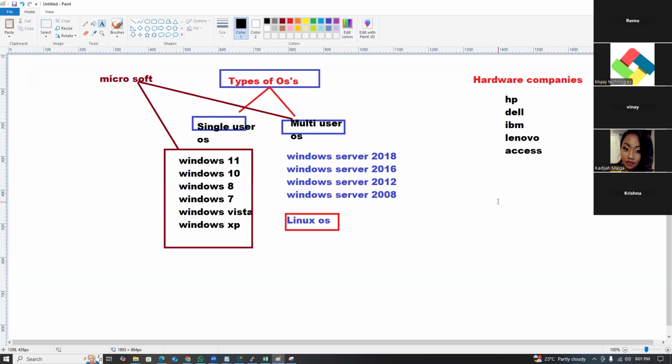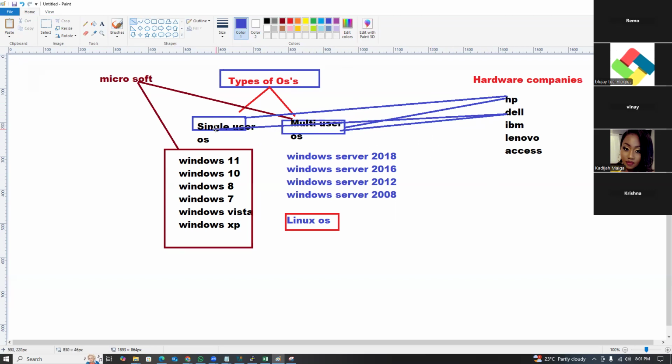The hardware companies also created two types of hardware: one for single-user operating systems, the other for multi-user operating systems. HP created two types, and Dell also created two types.